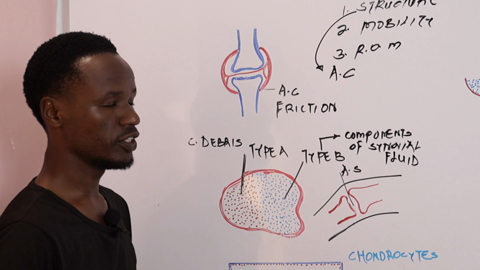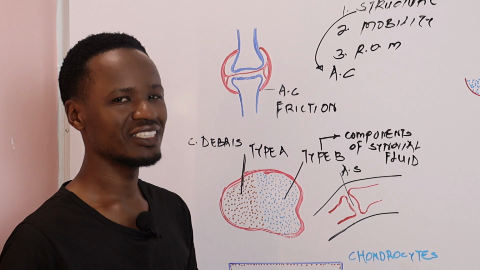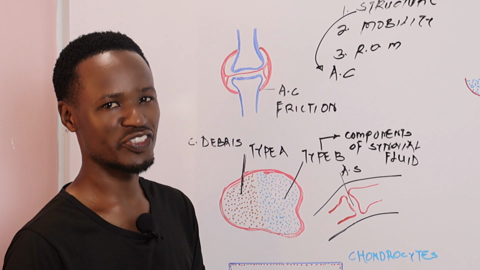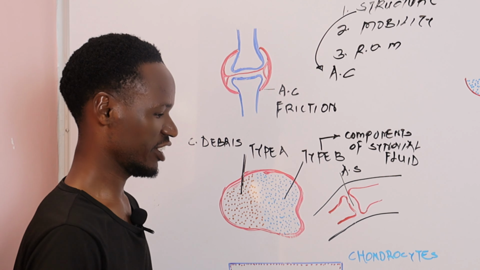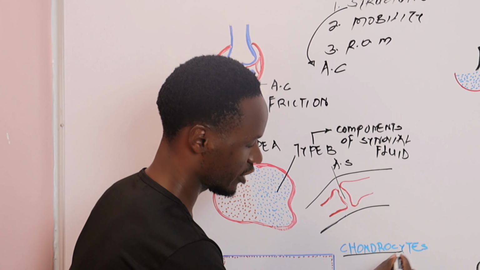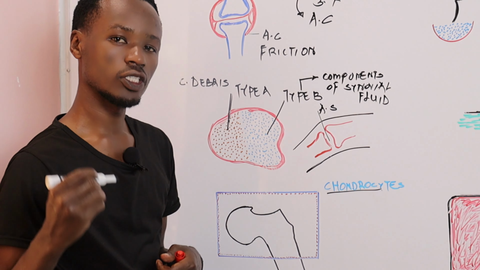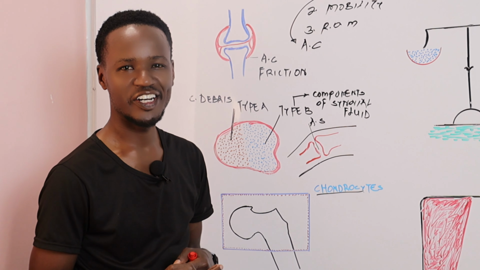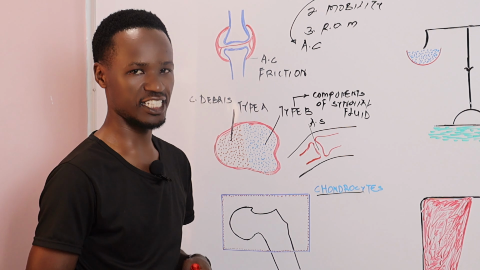Well, we cannot talk about the articular cartilage without talking about another special structure, and this structure gets called the chondrocytes, because what the chondrocytes do is that they take care of the articular cartilage.